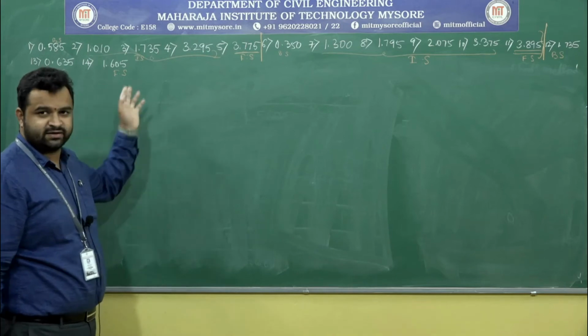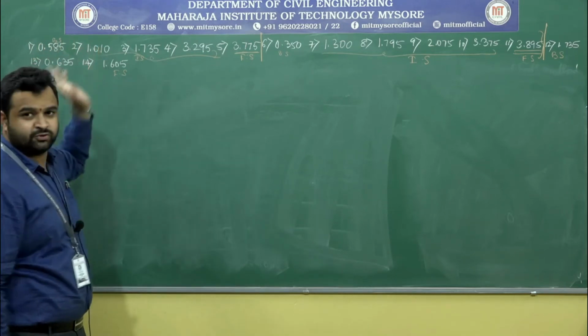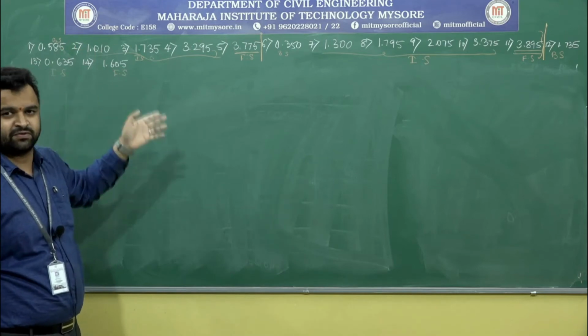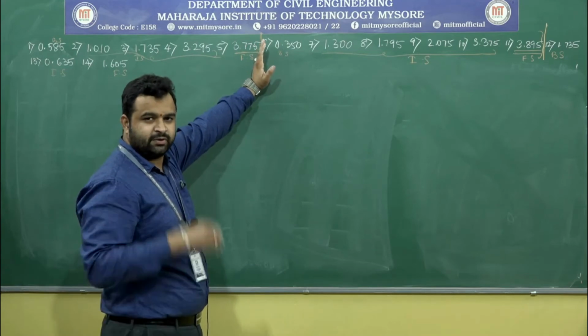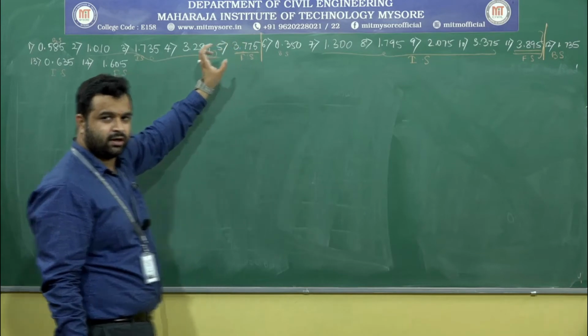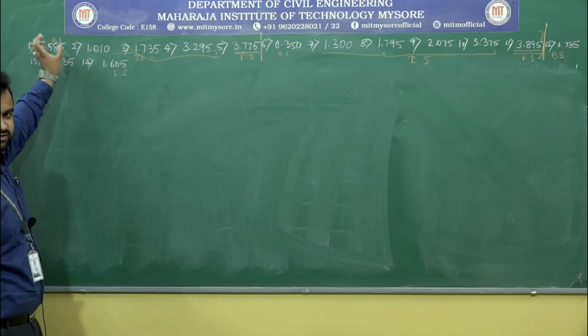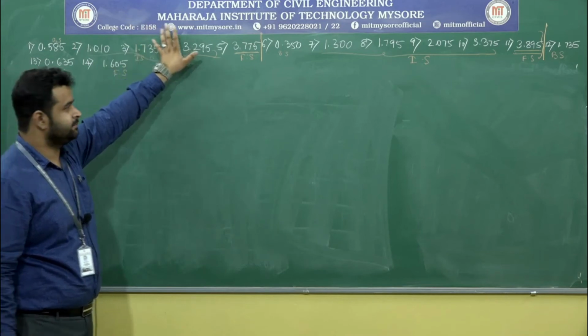Okay. So according to this hint, we have to write the tabular column. We have to write the readings in this particular format. So the instrument was shifted after taking 5th and 11th reading. That means after completing 5 readings, the instrument was shifted. That means it is foresight. If this is foresight and this is backside, since it is the first reading, these readings will be written under IS.